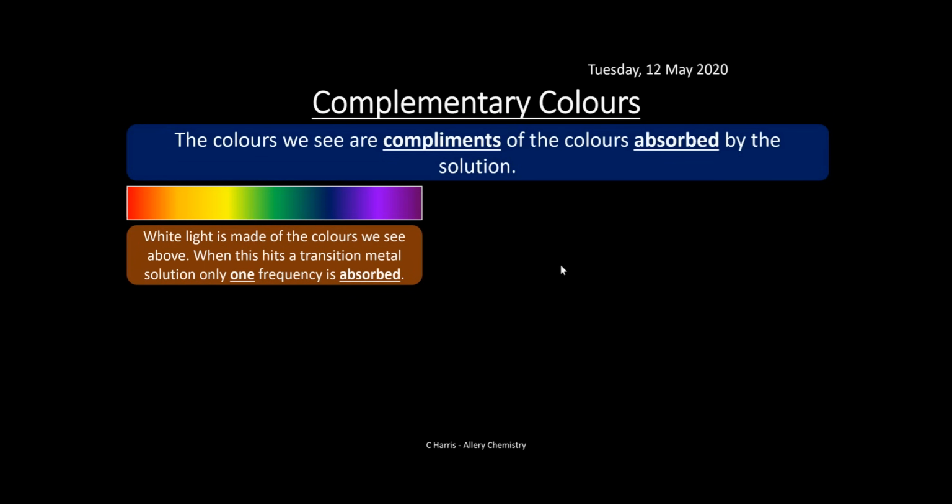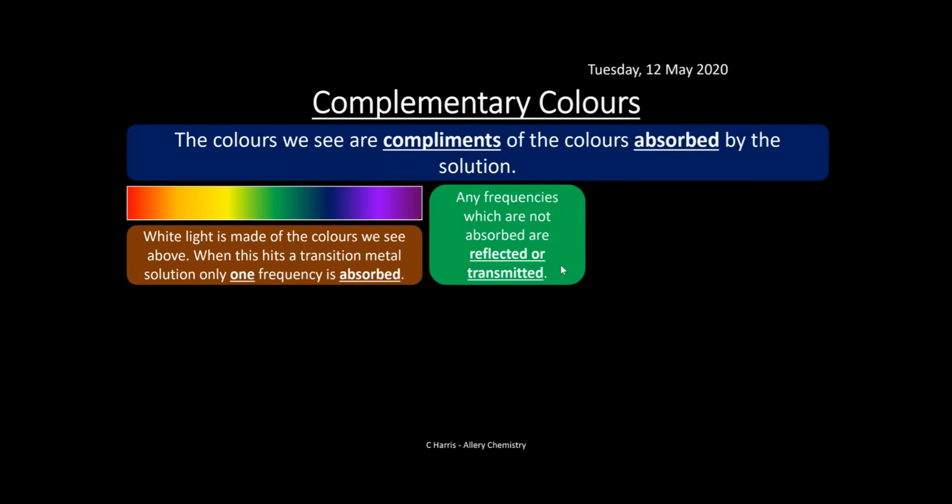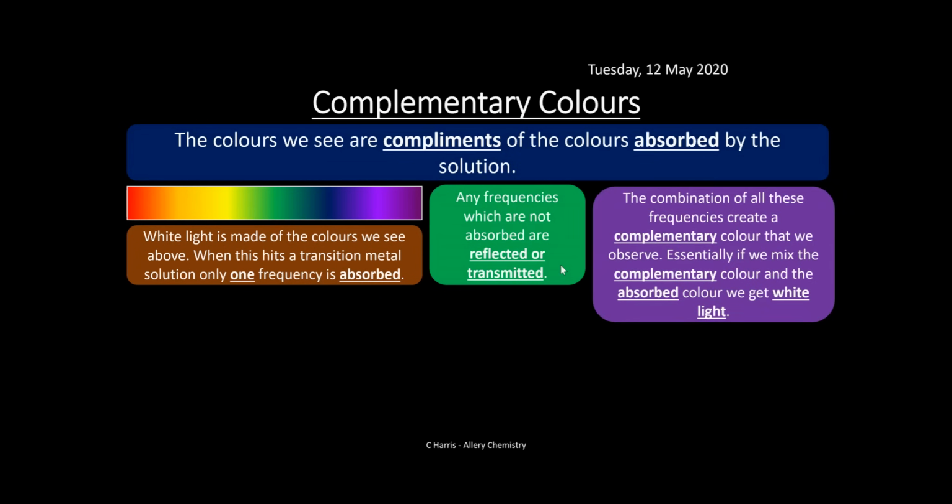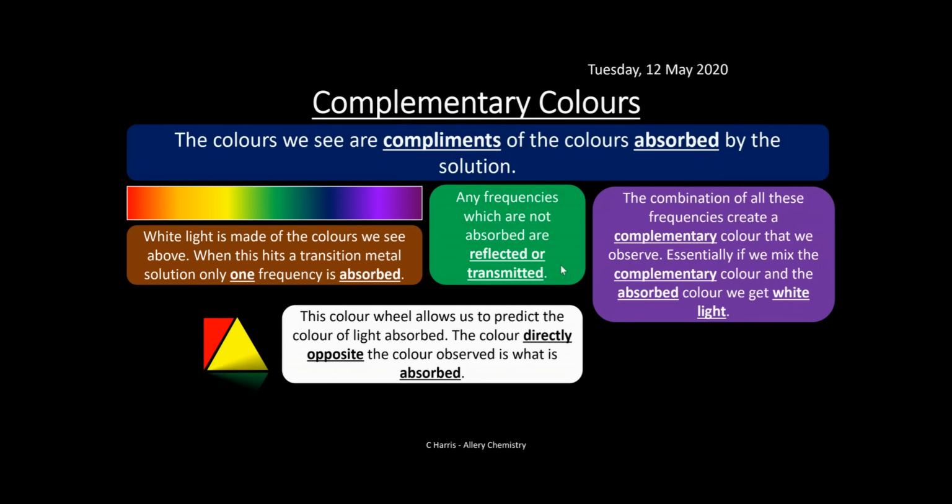But when this hits a transition metal solution, only one of the frequencies out of all that white light is actually absorbed. And any frequencies which are not absorbed are reflected or transmitted. And the combination of these creates a complementary colour that we observe. So essentially, if we mix the complementary colour and the colour absorbed by the complex, we get our white light back again. So that's effectively the idea behind it.